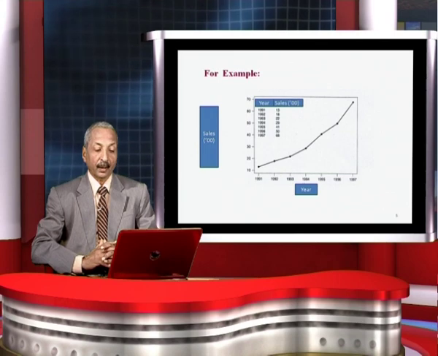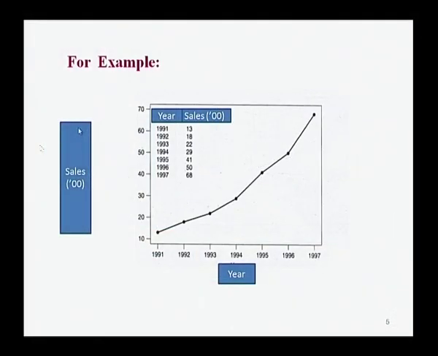Now, for example, look at this graph. These are the data pertaining to the sales of a particular commodity, and these sales figures are given from the year 1991 to 1997.